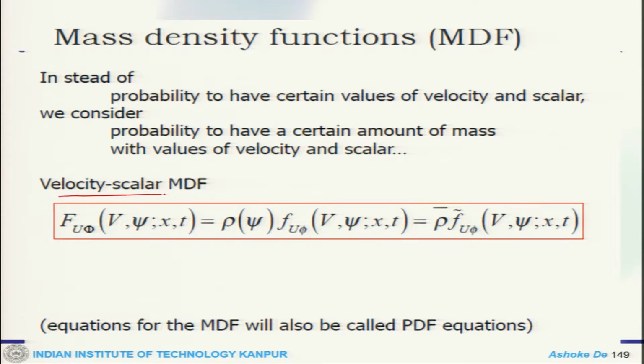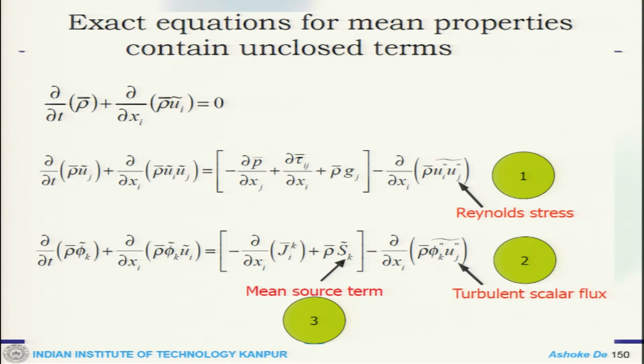So, the velocity scalar mass density function, which will be defined as f u phi, on velocity and scalar, is rho bar times the PDF, and the equation of this MDF would be a transport equation similar to that for the PDF. Now, when you come to the exact equation of these mean properties, which contains the unclosed terms, this is again density averaged quantities.